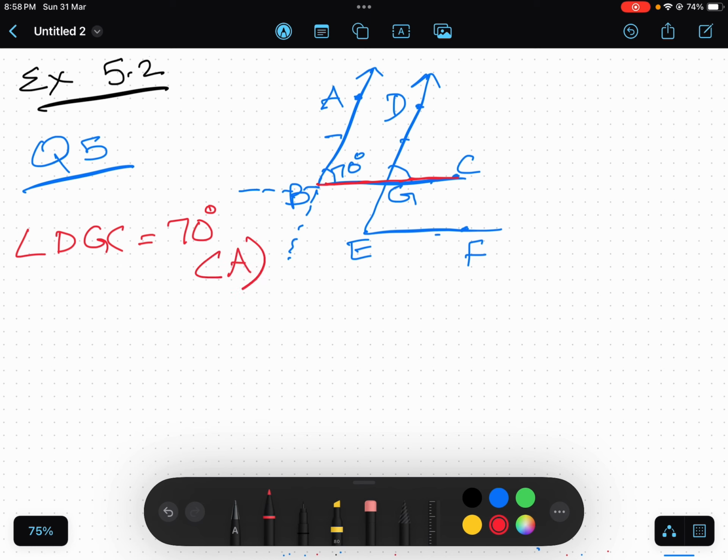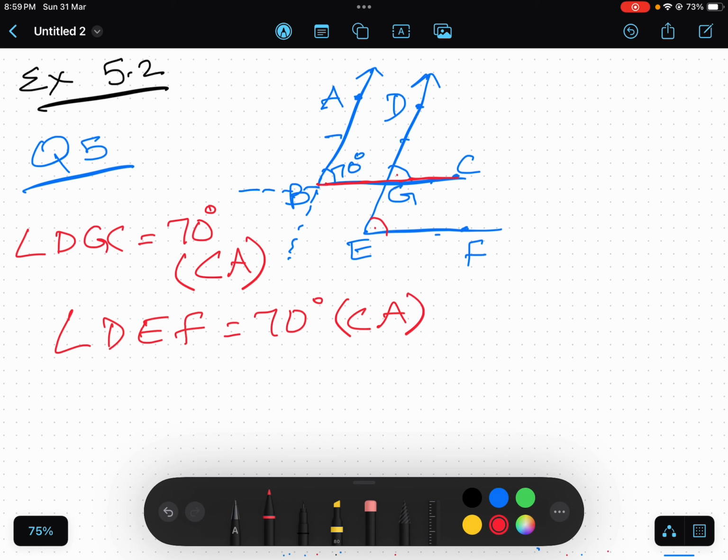So angle DGC is 70 degrees, corresponding angles. What will be angle DEF? Again, this is corresponding with DGC because arms are parallel. So angle DEF is also equal to 70 degrees. The reason is corresponding angles. They have given the arms are parallel. So both the arms of the two angles are parallel.